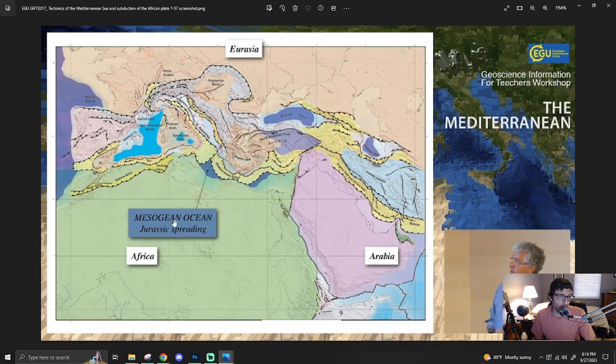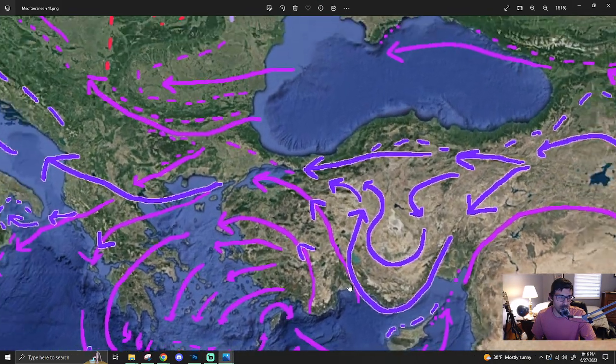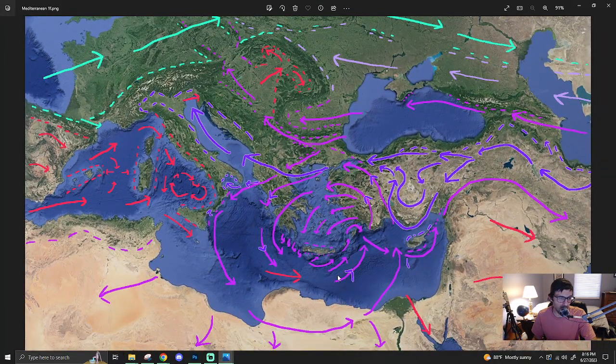Mesogene Ocean Jurassic spreading. Notice where that is. So the oldest ocean crust is here, where this eddy formed. So it's almost like this eddy formed first.